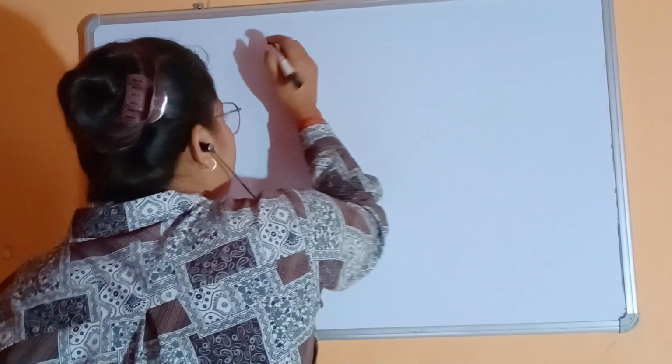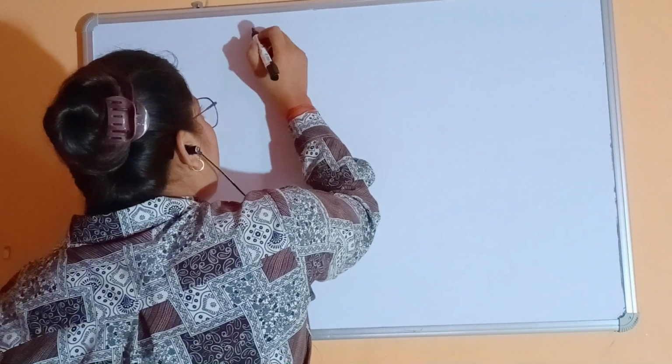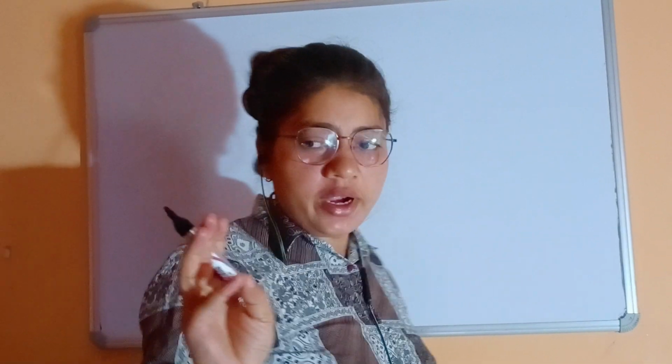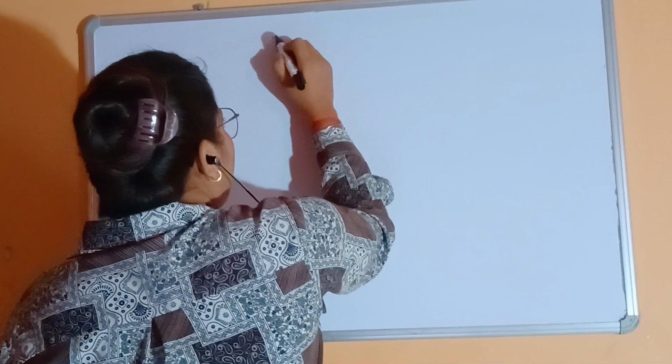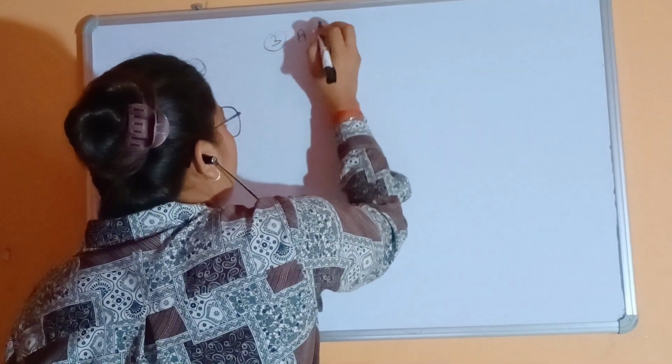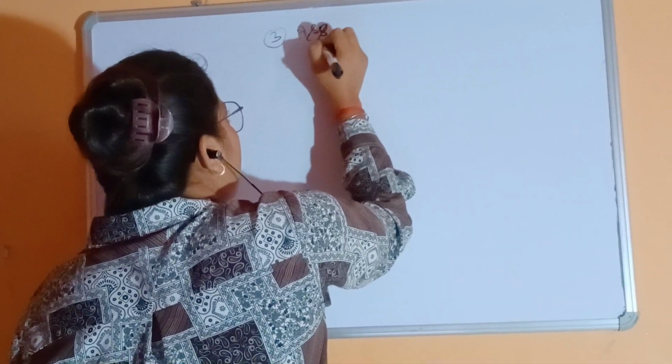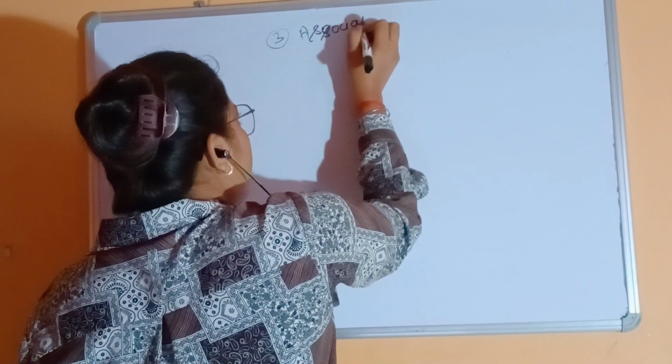After this we will solve the exercise. First we discussed the closure property, second the commutative property, and third the associative property.